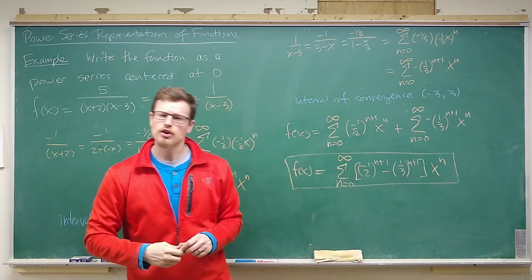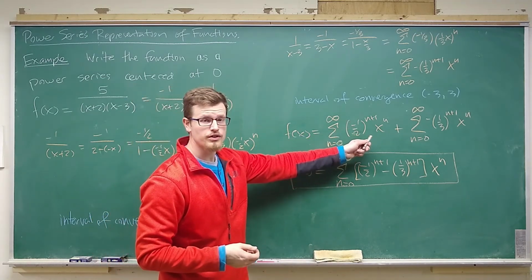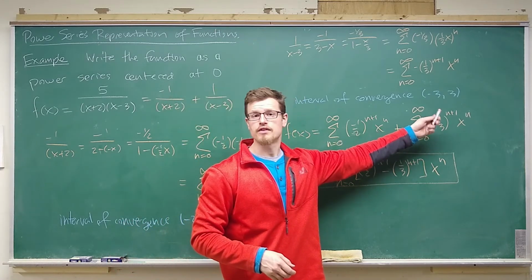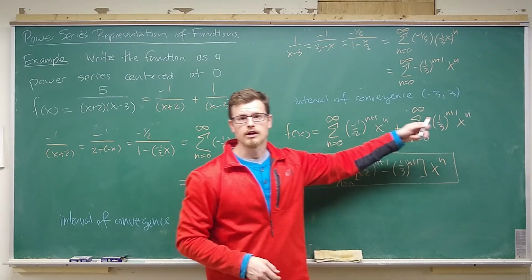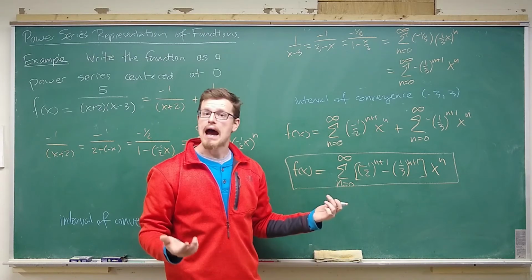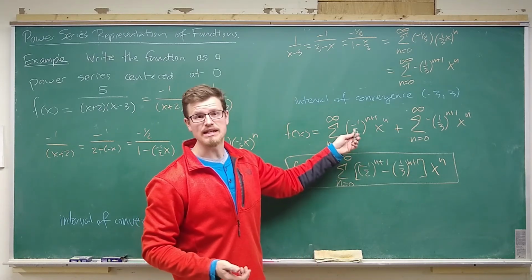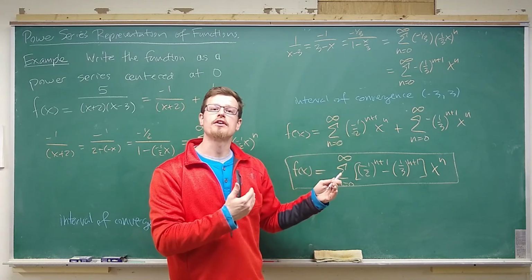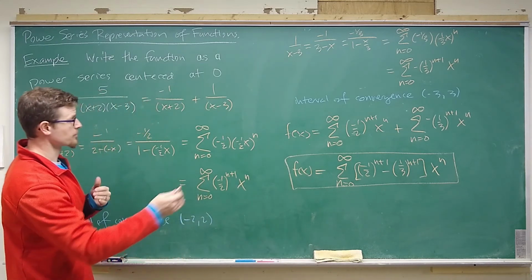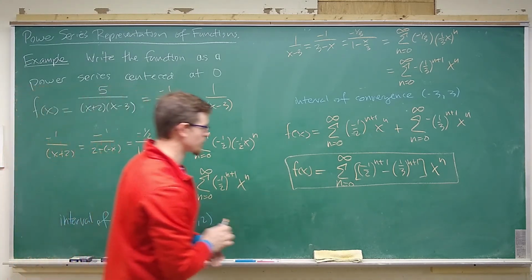Of course, we should consider, where does this converge? Well, this part converges from -2 to +2, and this part converges from -3 to +3. So I cannot say that f of x converges at 2.5. While this would converge, this would not. So I can only consider the common interval of convergence, or the common area in which these two representations converge.